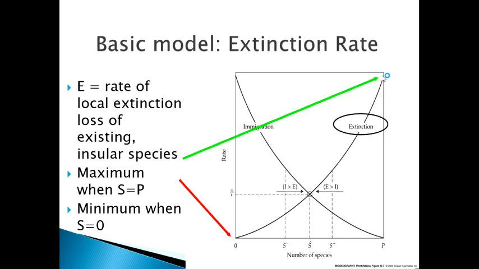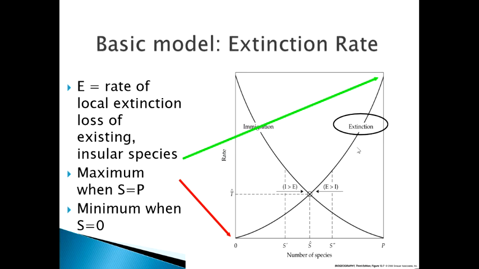And notice the rate of extinction, the loss of existing insular species, is at a maximum when the number of species there is at a maximum. If you have all 100 species there, then the potential rate of extinction is at its highest. They all exist there, and so the potential loss is highest.